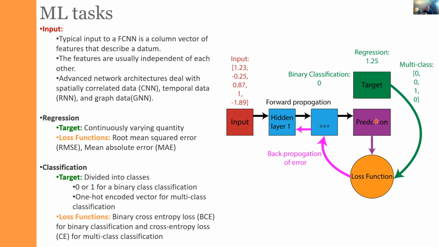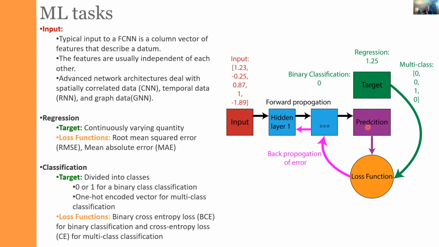But the interesting thing is that we also have a target. When we talk about supervised learning, we always have pairs of the inputs, which are called features, and the desired predictions that are called targets. So once we send the input through the network, the prediction would have nothing to do with the target. It would be whatever random number.